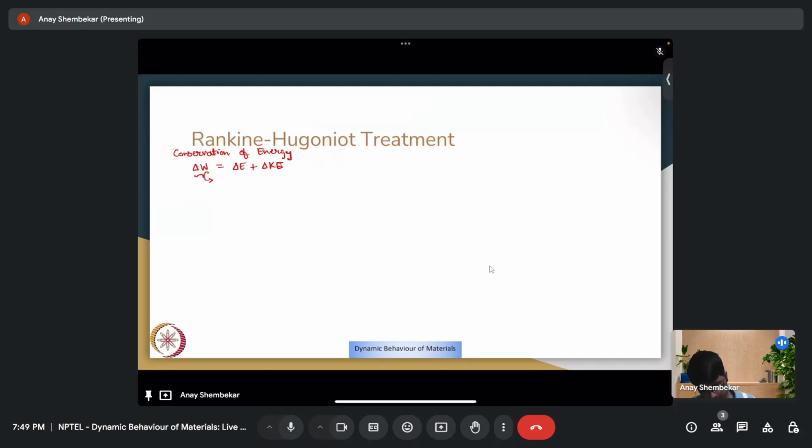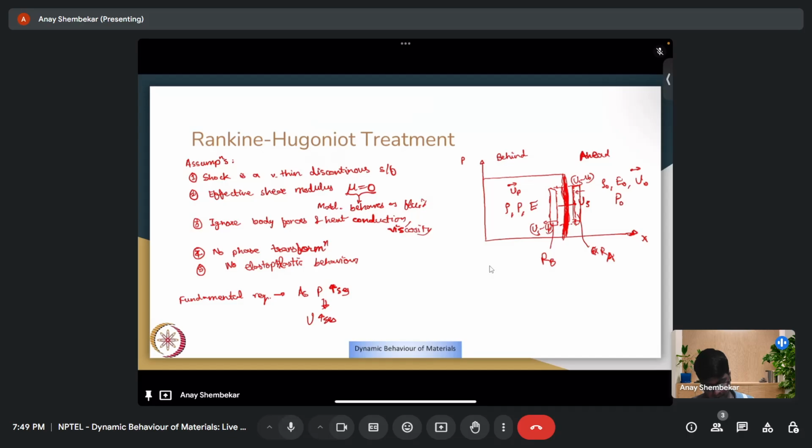Here, I think I should mention in this diagram that the material that we have behind the shock front usually doesn't have the same state of stress and same rho and same E throughout that we have assumed as rho, P and E and particle velocity up.